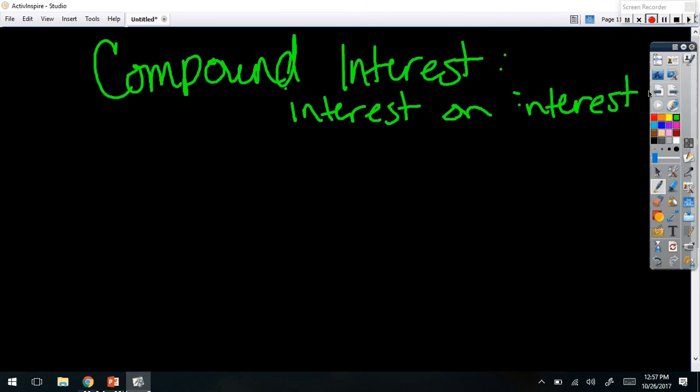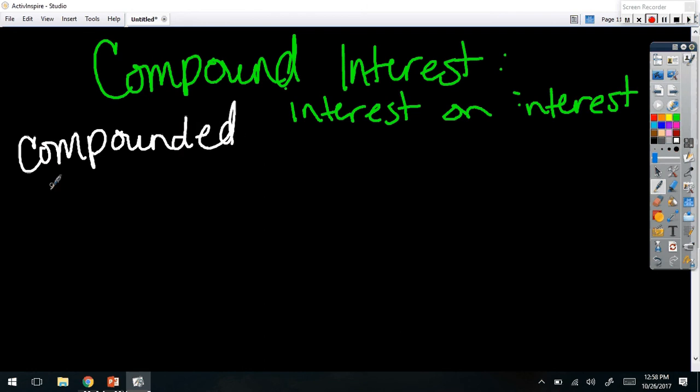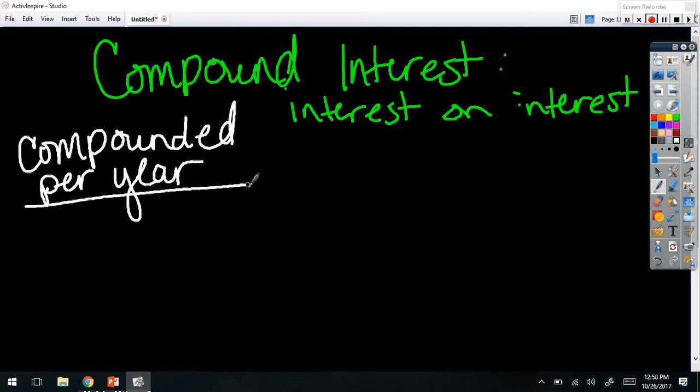So we have some formulas we use to calculate how much money we would have left. Now, one thing you need to understand is they can compound different numbers of times per year. In our equation, we're going to have a variable called n, where this is going to apply.